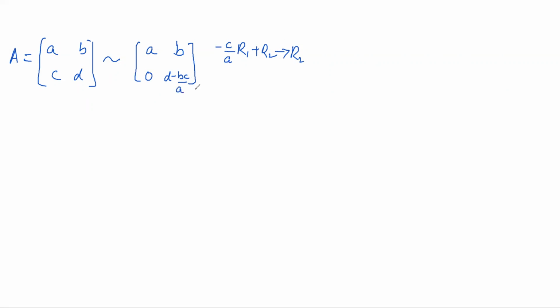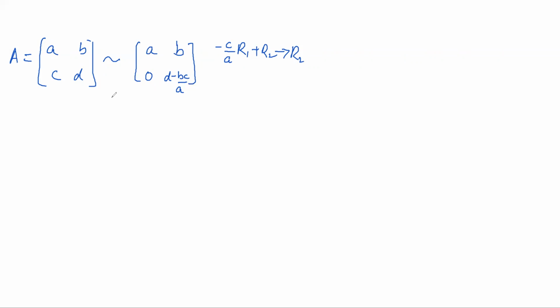Okay. So now what is the determinant of this? The determinant of this is simply the multiplication of the elements along the diagonal, because the other one will be 0.